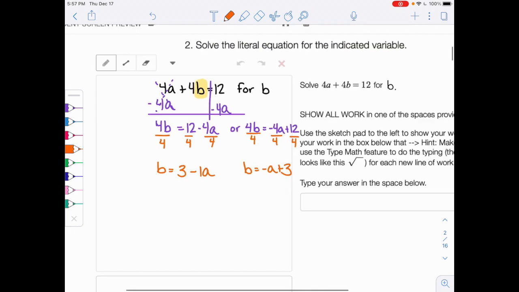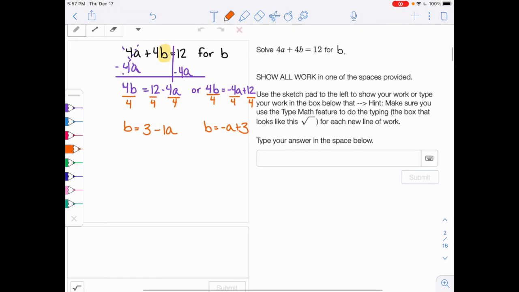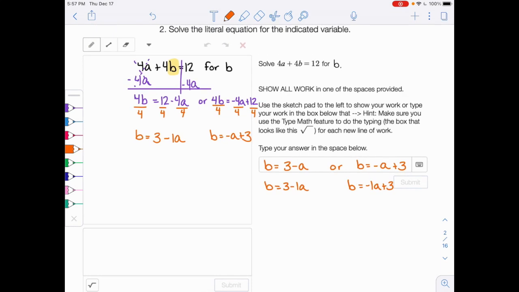Again, either of these answers are perfectly fine. The order doesn't matter as long as the signs are the same. Again, with or without the 1 is fine.